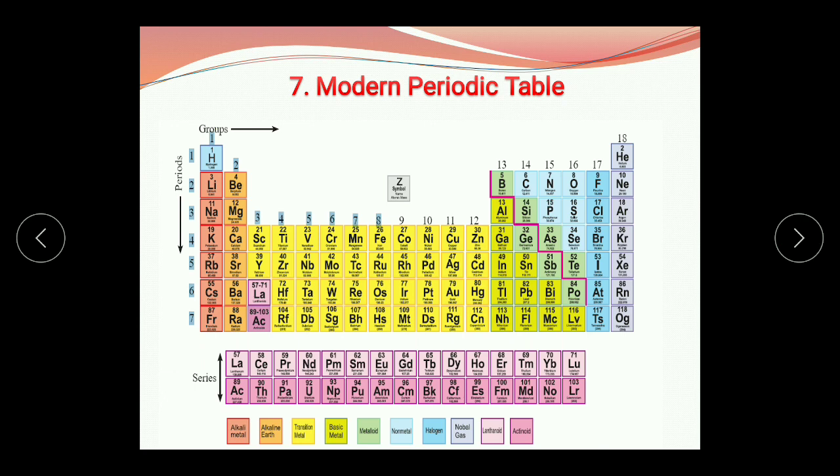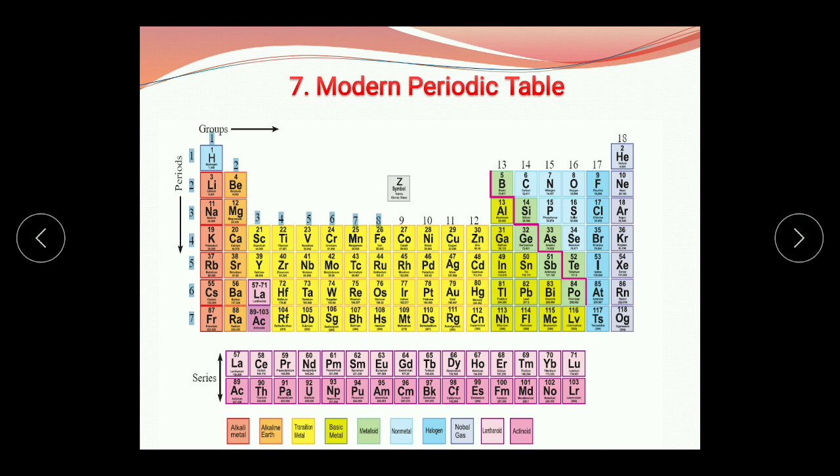Afterwards, after the discovery of atomic number by Henry Moseley, which is a more fundamental property than atomic mass, the law given by Mendeleev was somewhat revised, and it is called the modern periodic law. That law stated that the physical and chemical properties of the elements are a periodic function of their atomic number and not the atomic mass which was given by Mendeleev.